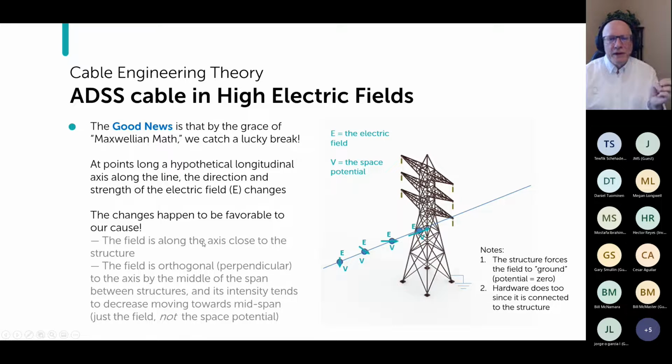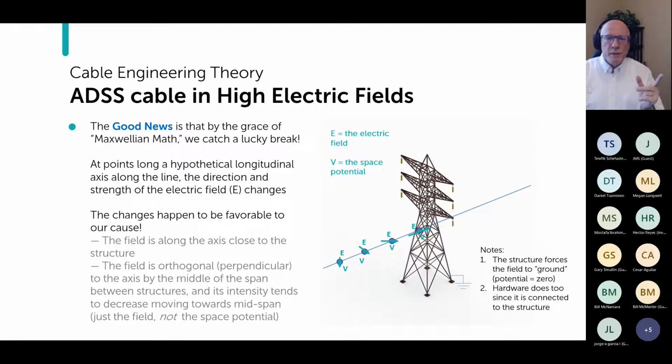But those favorable changes are the field along the axis is longitudinal to this axis close to the structure. And then as you move to mid-span, it becomes orthogonal, meaning at a right angle to it. And the intensity goes down, not the space potential.